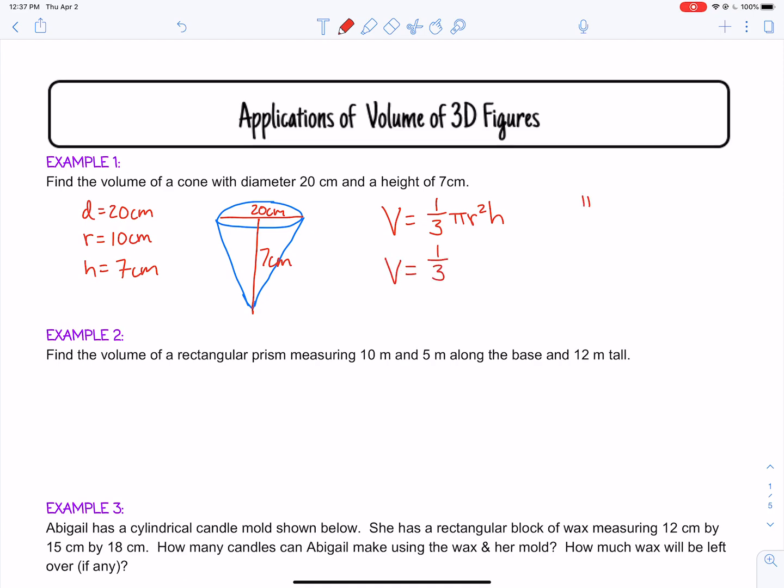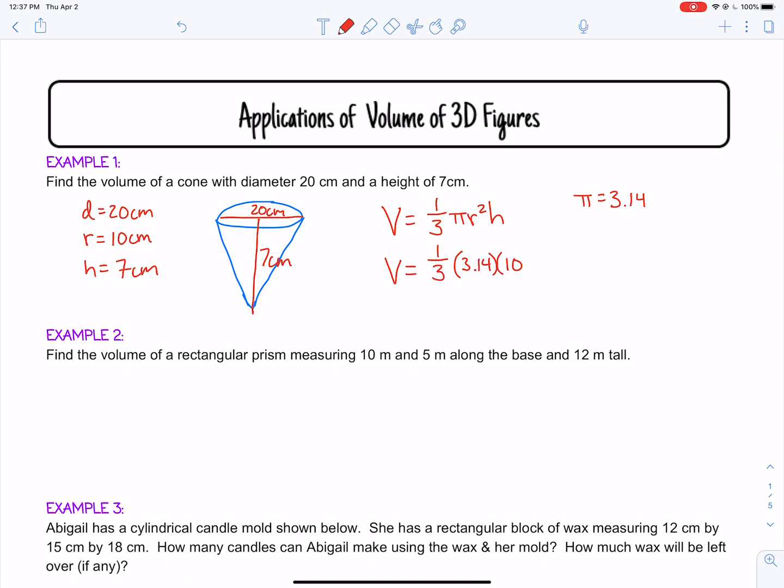For these examples, I am going to use pi equal to 3.14, but you do have a pi button on your calculator and you have one in Desmos, so you could use that to get a little bit more accurate of an answer. But just to keep things consistent, I'm going to use 3.14 for my calculations.